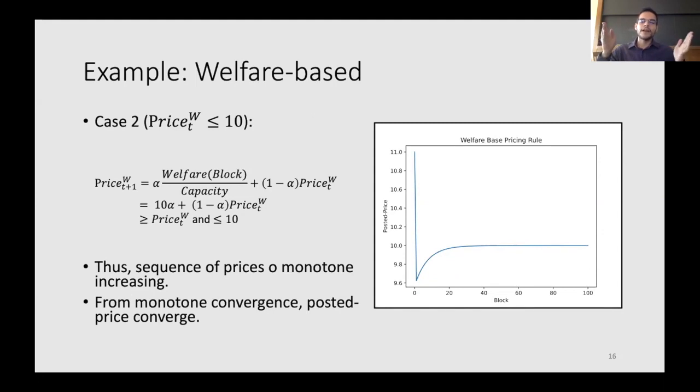That implies we are going to have an increasing sequence of prices, and not only increasing, it's also bounded by 10. So from monotone convergence, we know that the sequence is going to converge. And in particular, in the simulation on the right, you see that the prices are converging to 10.